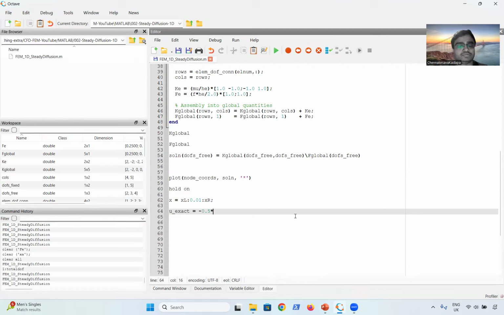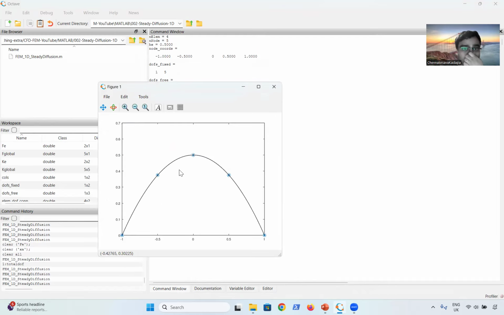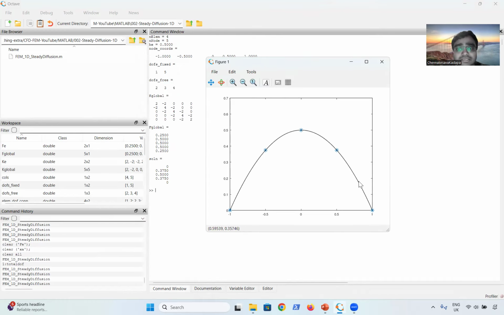So minus 0.5 x squared plus 0.5 x. So plot x comma u exact. I'm using more points here just to get a feeling about the exact solution.